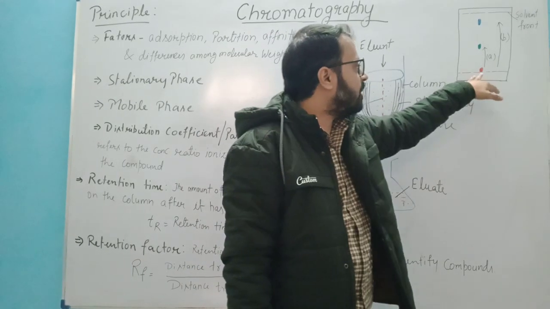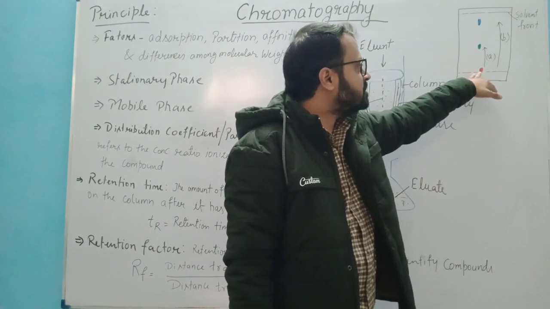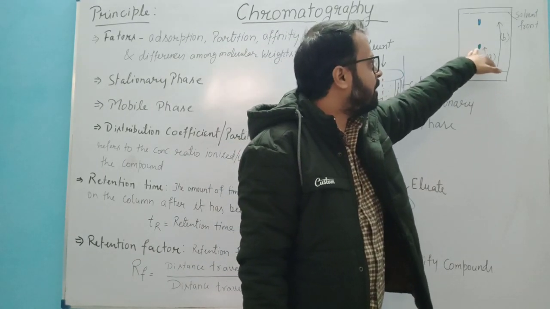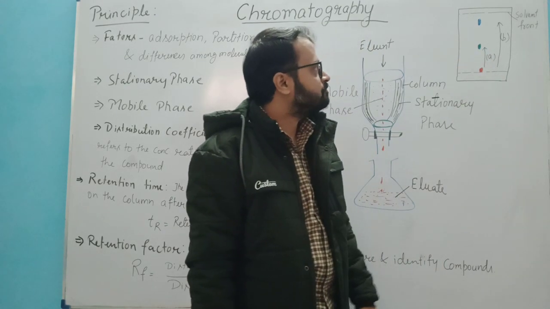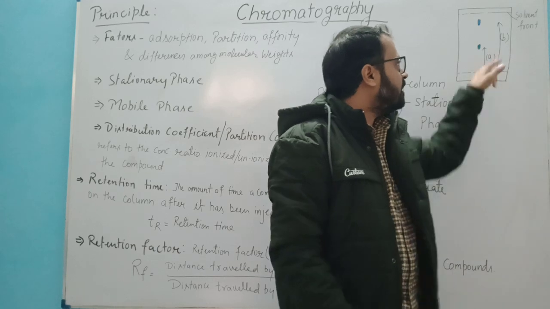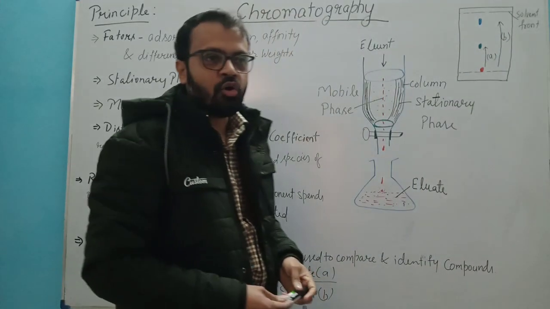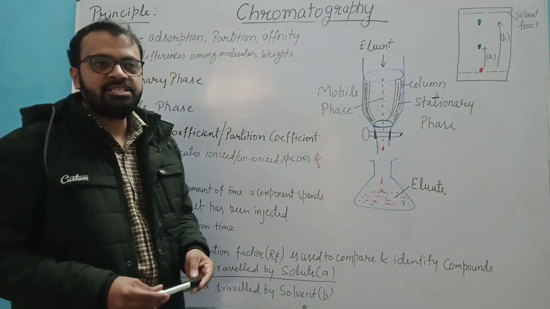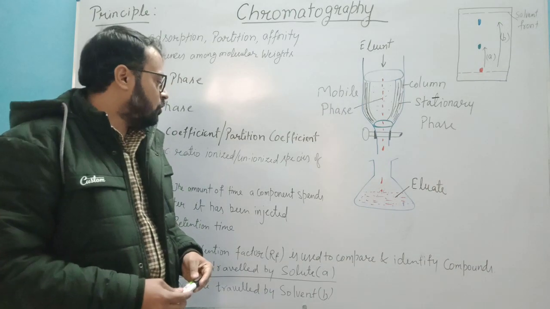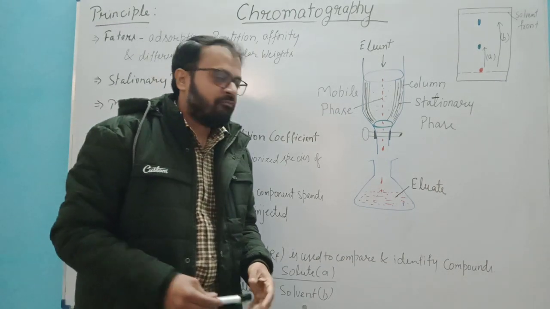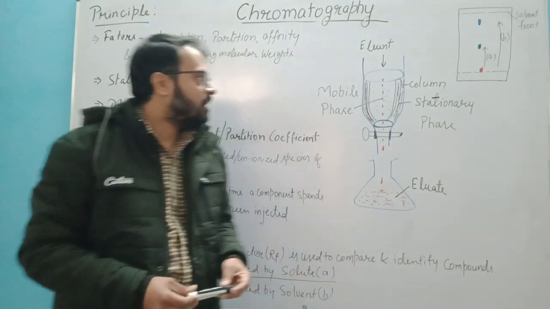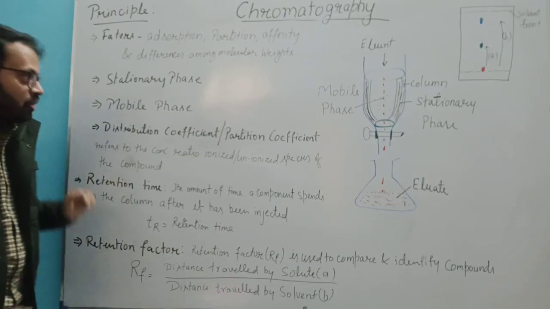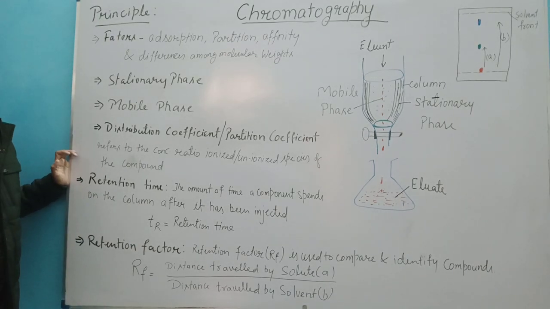When this spot has traveled a particular distance, this is denoted as A, and the distance of the solvent is denoted as B. When we discuss thin layer chromatography, we will discuss it in detail. So these are some important points regarding chromatography.